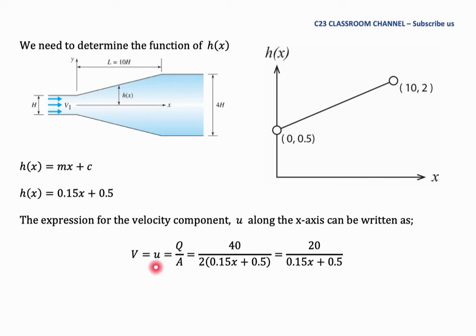So we have u equal to Q over A. Q is already calculated, it is 40 meters cubed per second, and A is equal to 2h(x), and we substitute the value of h(x) here by 0.15x plus 0.5, and then we could simplify it. We could say that u, the velocity along the x-axis, is equal to 20 over 0.15x plus 0.5.